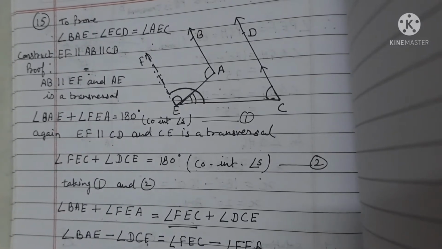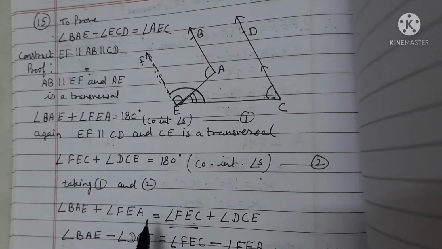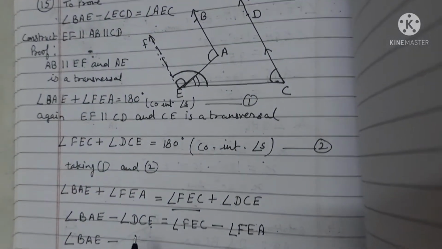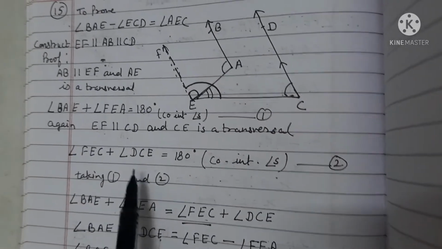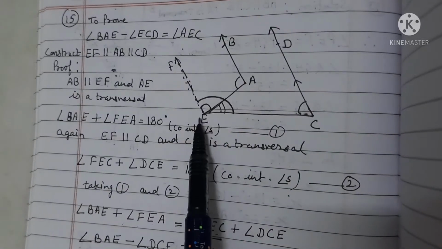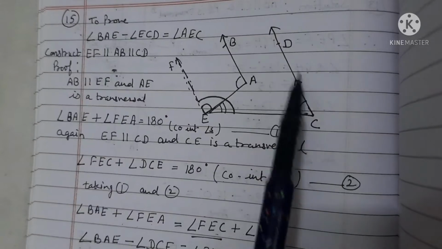Again, angle BAE minus DCE. Look here, angle DCE, you can write it as angle DCE or ECD, both are the same thing.